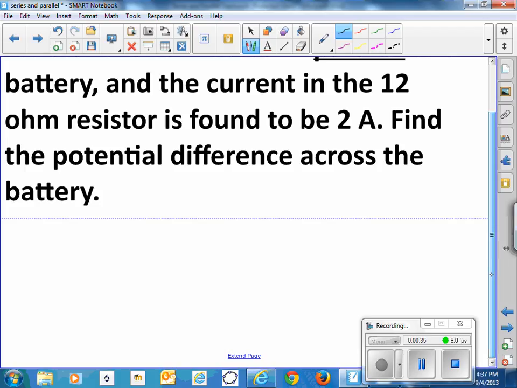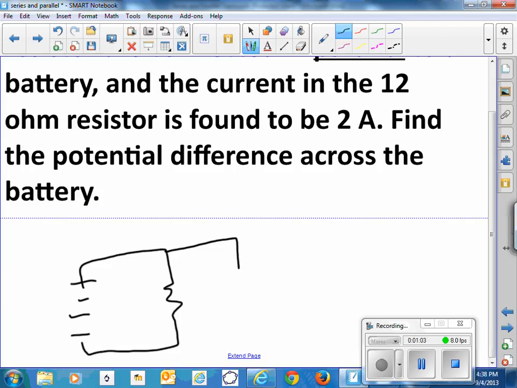Parallel is the key word here. So if I draw a picture of a parallel circuit, the lights in your house are often wired parallel if you have more than one light come on at a time with a switch. So we have a source here, and then we have a wire, and then we have a resistor, and then we have another resistor.